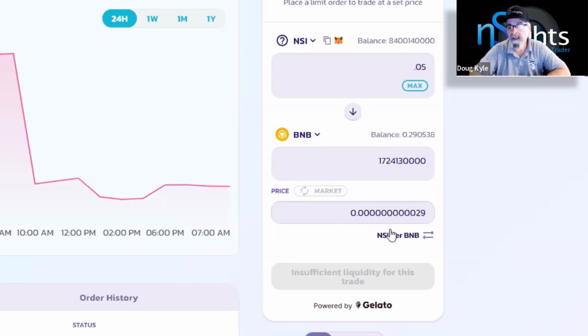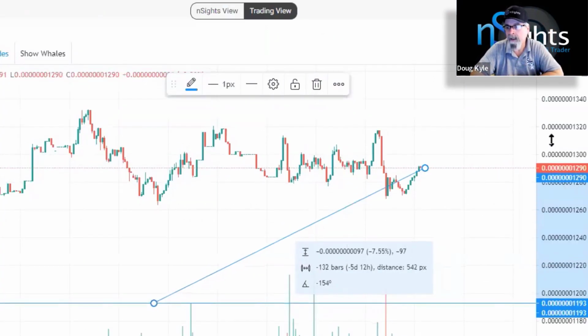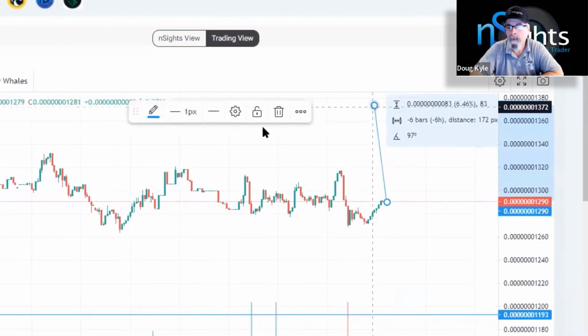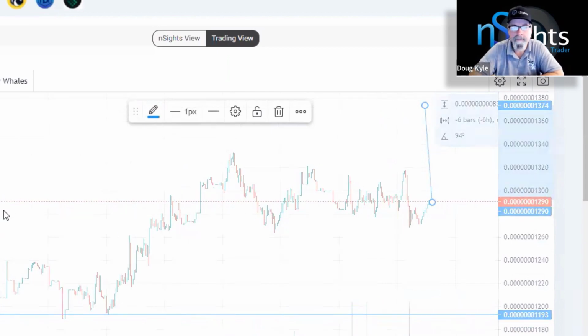And if I'm setting a limit order, I want that to be above where I'm at, right? If I got in, say, right now at the 1290, maybe I want to sell. If I go to daily here, we can look at the chart. Chart's been slow today, guys.